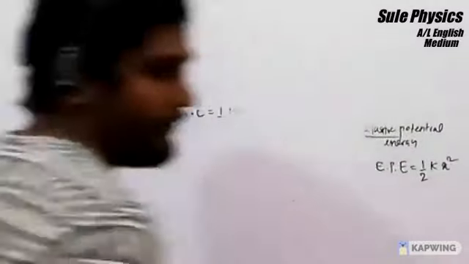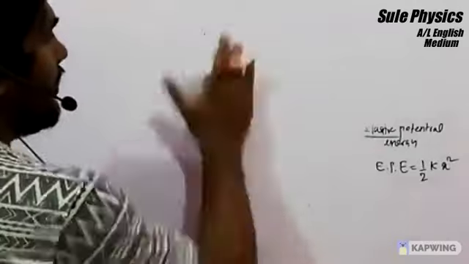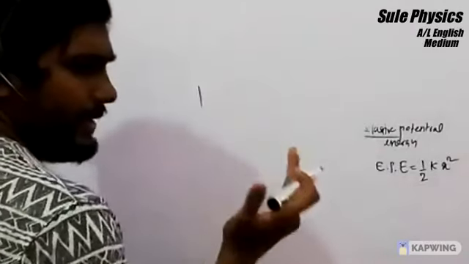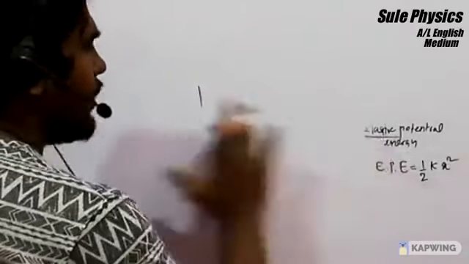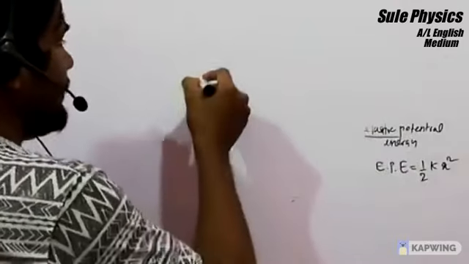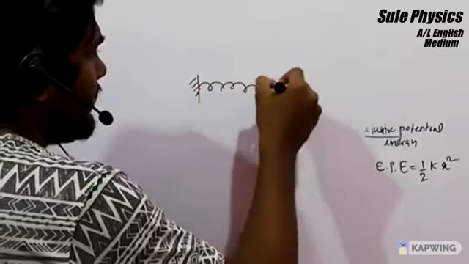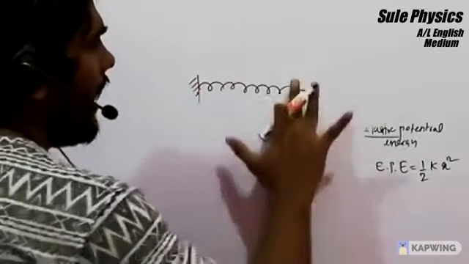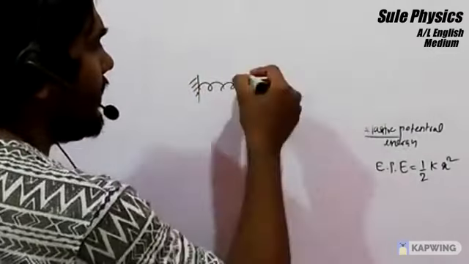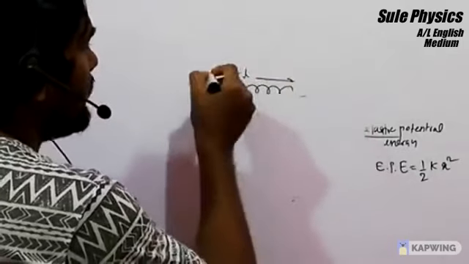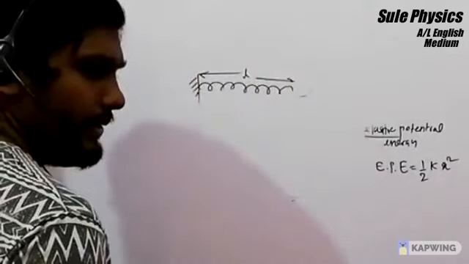Elastic potential energy. For example, I'll start explaining this idea quickly by using a spring. Now there is a spring, one end is connected to a vertical wall, and I'll say its natural length is simply L. Right?